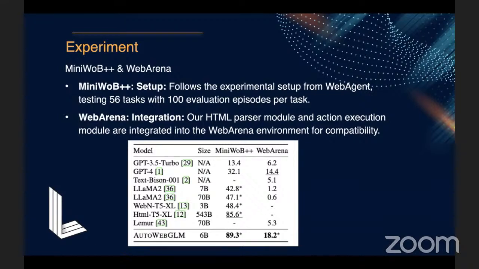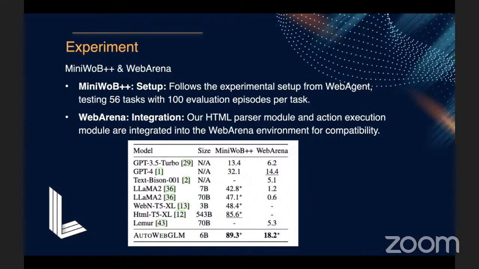So you can see that on performing over on MiniWoB++ and WebArena, again, the AutoWebGLM model outperformed other models by 89.3% and 18.2 on WebArena.